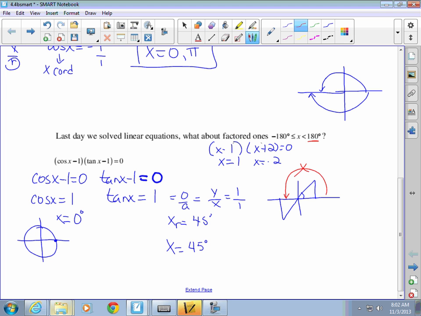So that means that I'm going to actually be going in this direction. So I'm going to have a negative angle. So in quadrant 3, I'm doing negative 180, because I'm going in that clockwise rotation. And then my reference angle was 45, so that makes that negative 135 degrees.